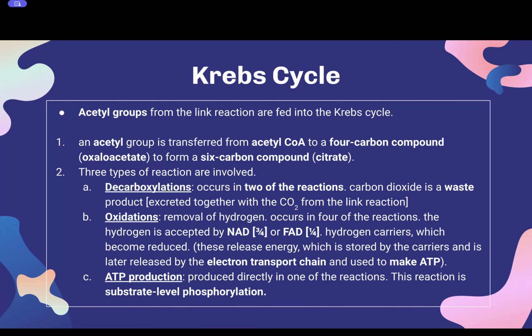The CO2 removed from the carbon compounds in the Krebs cycle and the CO2 from the link reaction are all excreted together, and by excreted I mean exhaled out, but for the purposes of this we just called it excreted.